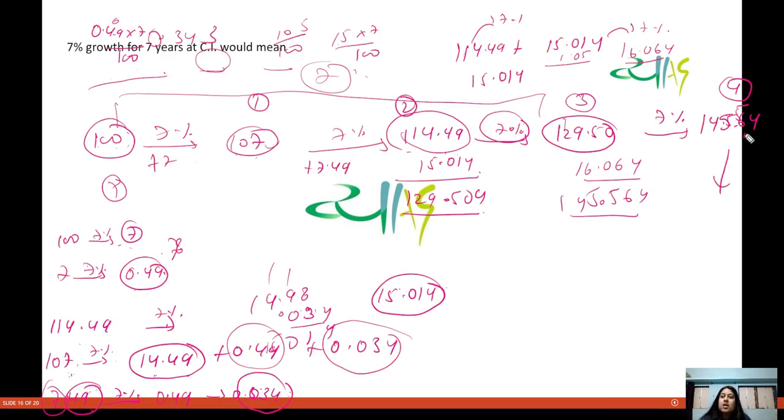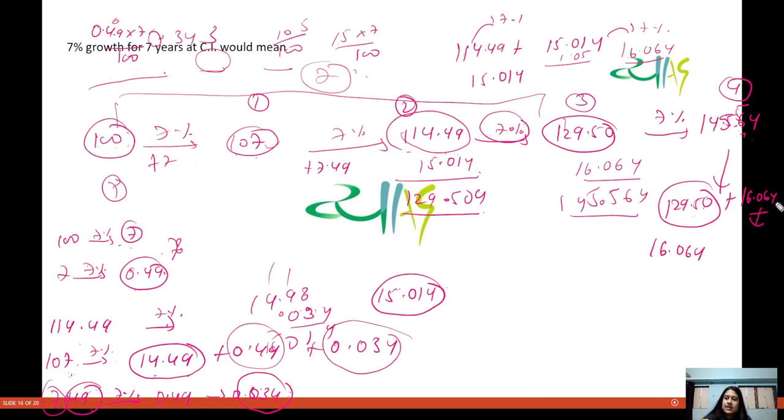145.564. Fine. Now see, this 145.564 is 129.50 plus 16.064. We definitely know 7% of 129.50 is 16.064.